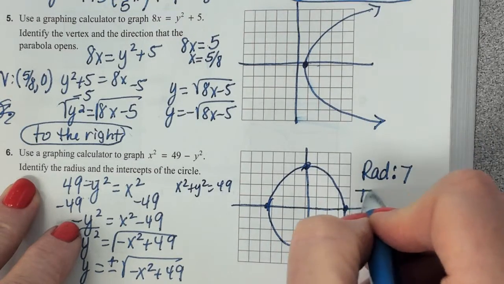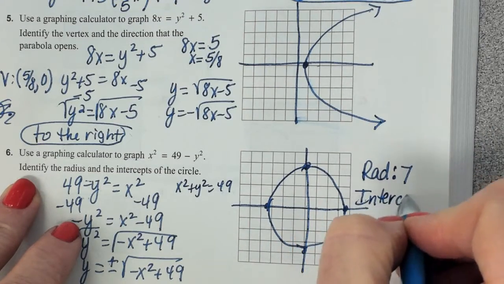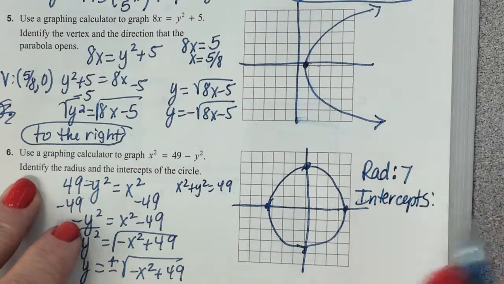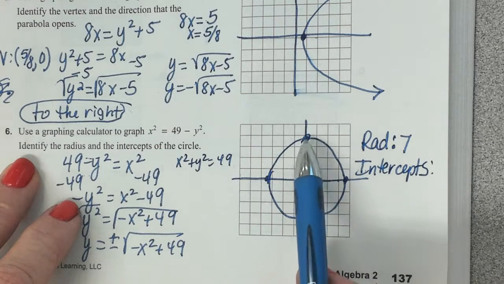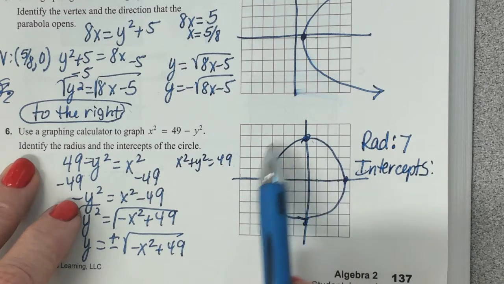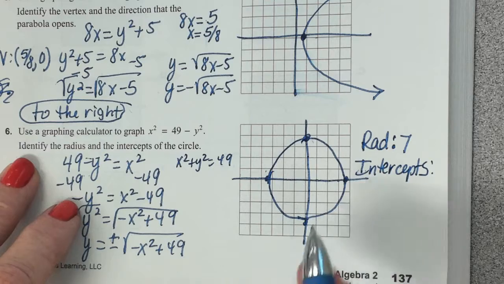And then also to find the intercepts. The intercepts means where it crosses the x and the y axis. So can you write out all those points? Write out those 4 points on your own, what those intercepts would be.